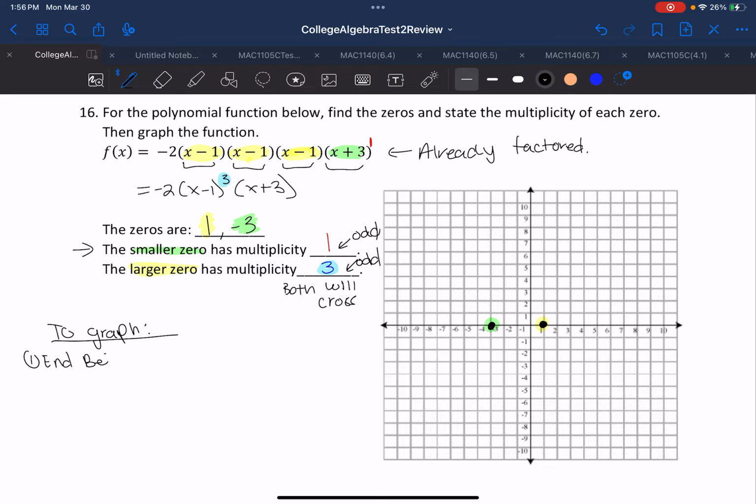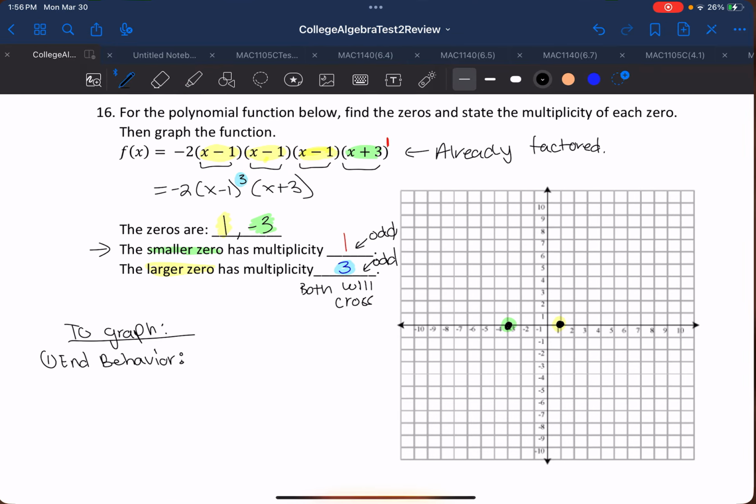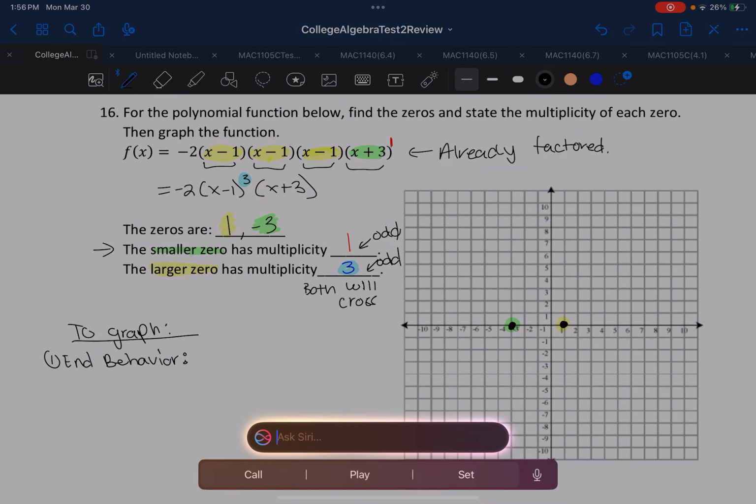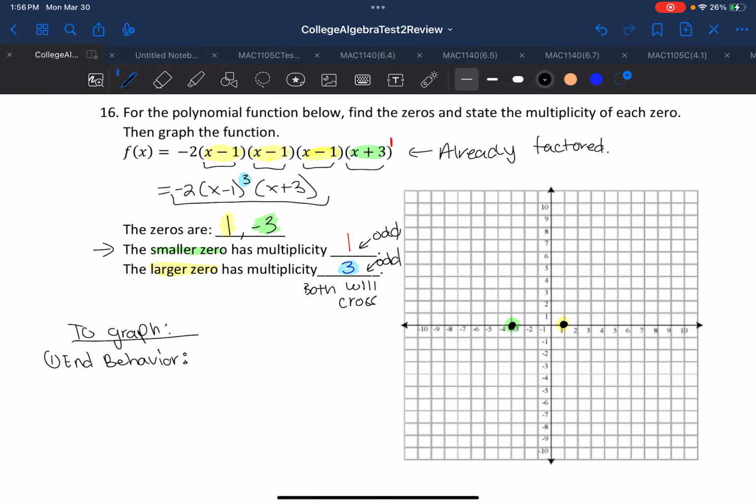So we need to know the leading term. So if we look at this version here where I rewrote it, I know the -2, if I multiplied all this out, -2 would definitely be my leading coefficient because there's nothing else in front of the x's in there. So -2 will be my leading coefficient. And then from the first factor, I have x minus 1 cubed. So if I multiplied that out 3 times, that would give me x cubed.